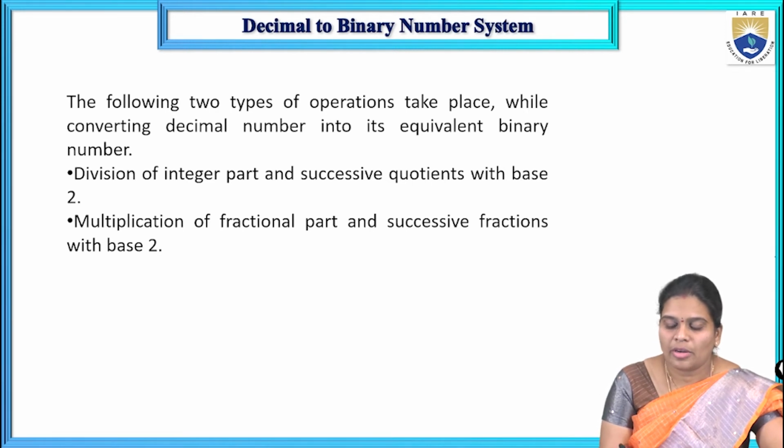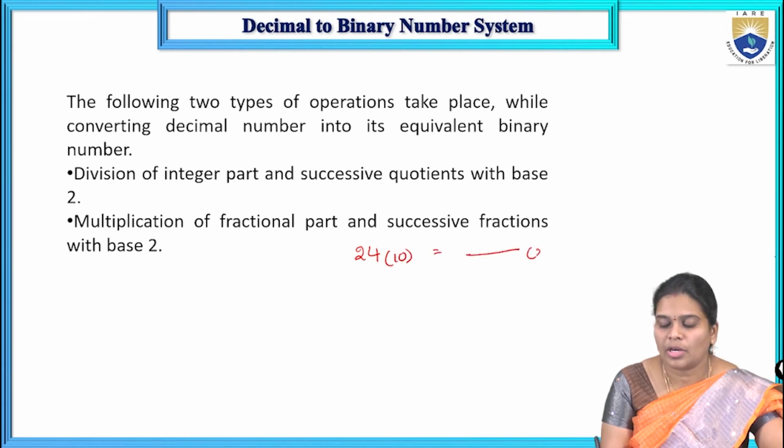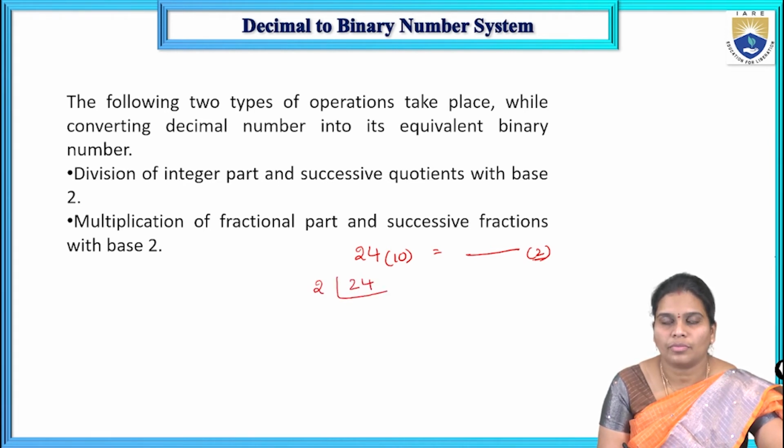Here we are taking the value 24 base 10. Now I want to convert that decimal value to binary. The binary base value is 2. So first we divide 24 by 2. That gives 12, and the remainder value is 0.